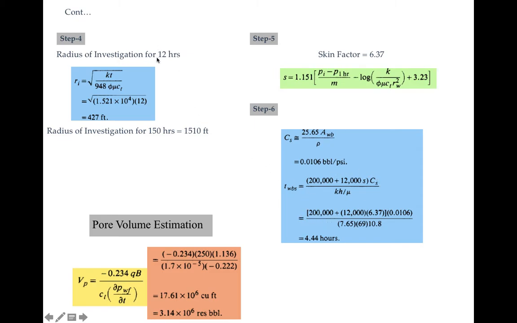So the graph says 12 hours and this particular calculation says 4.4 hours. So we need to take the help of the type curve to actually estimate the time up to which the effect of well bore has dominated, right? Let's move on.